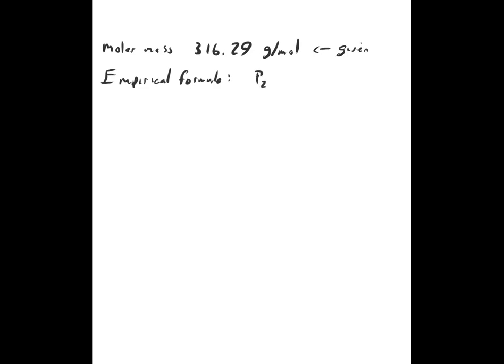Here's our molecular molar mass, 316.29. So this is given information. And now we also have our empirical formula. We just figured that out. Our empirical formula was P2S3. Now we want to find the molecular formula.